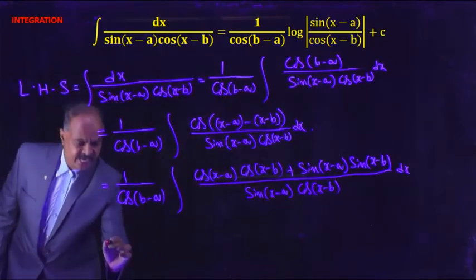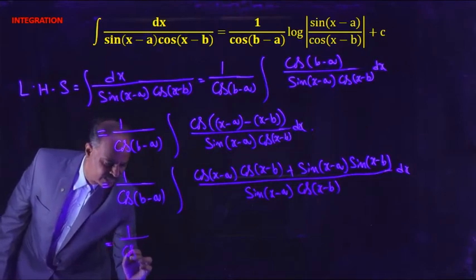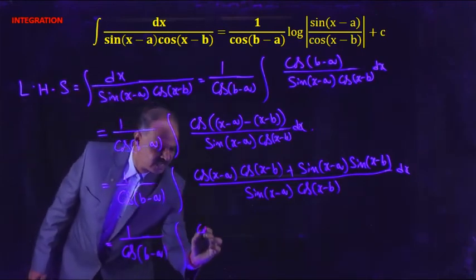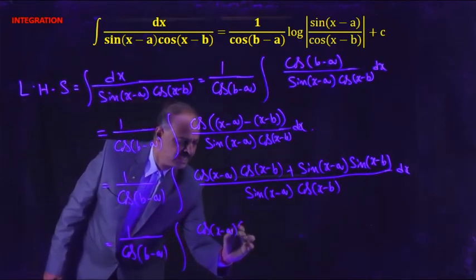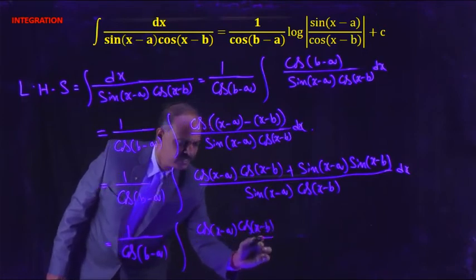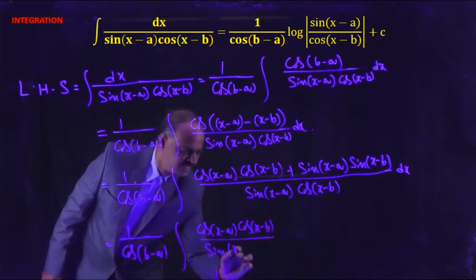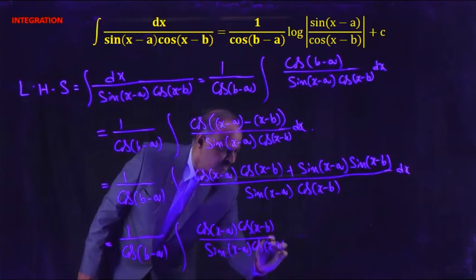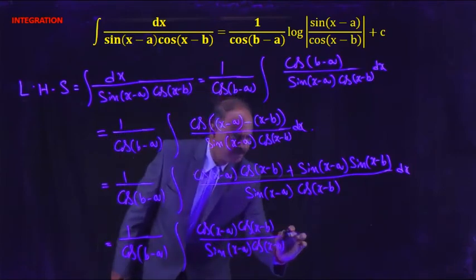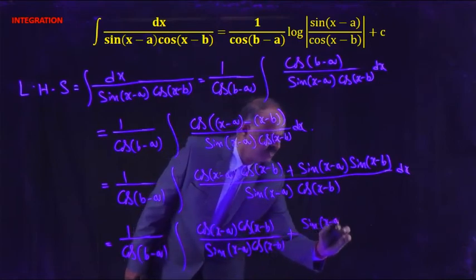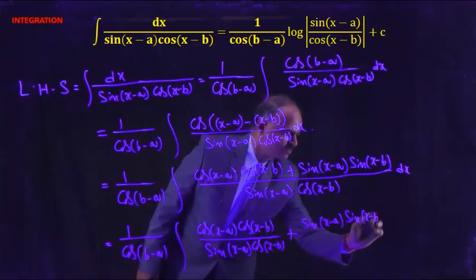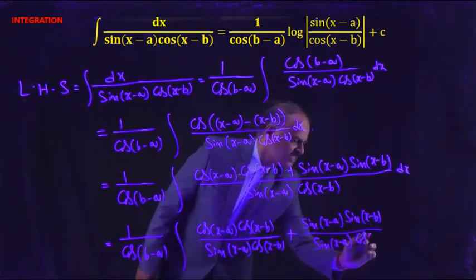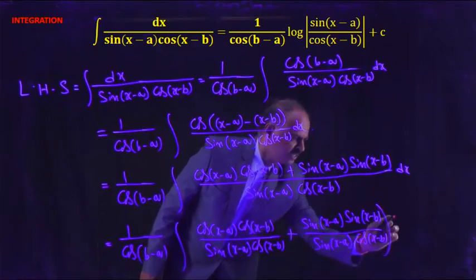Now this can be written as 1 by cos of (b minus a) into integral cos (x minus a) into cos (x minus b) divided by sin (x minus a) into cos (x minus b), plus sin (x minus a) into sin (x minus b) divided by sin (x minus a) into cos (x minus b) into dx.